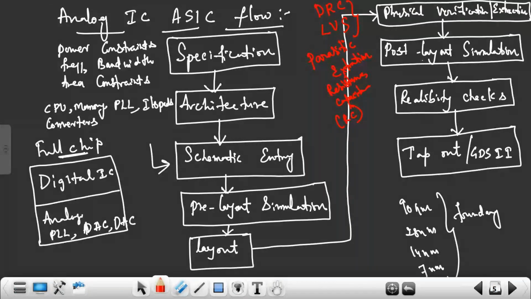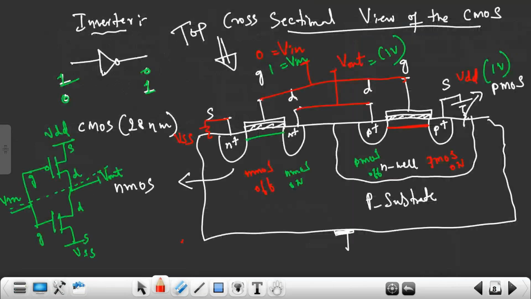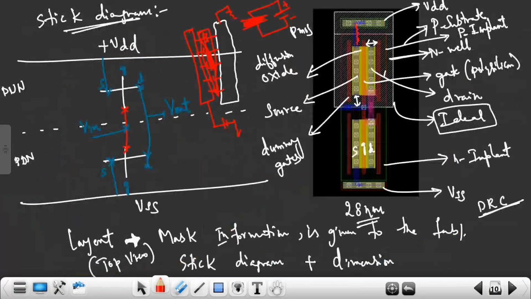So after extracting the parasitics, then we'll do what? Post layout simulation. Means for this layout, whatever inverter you are designing and drawing the layout for, we'll apply the what? Inputs. Suppose I apply the input as a square wave, correct? Then I should get the output as a what? Complement of this. This is a transient analysis I'm telling you. So if I apply this input to this layout, I'll get this output.